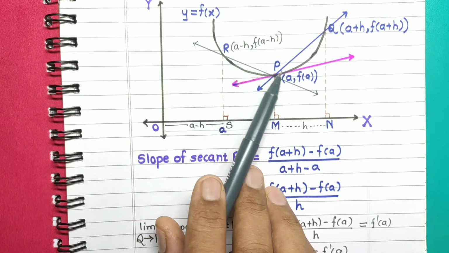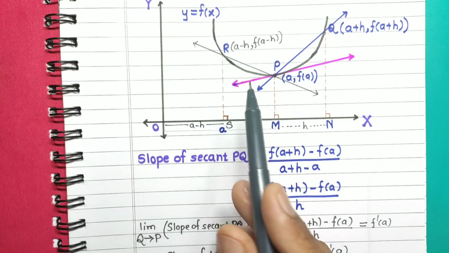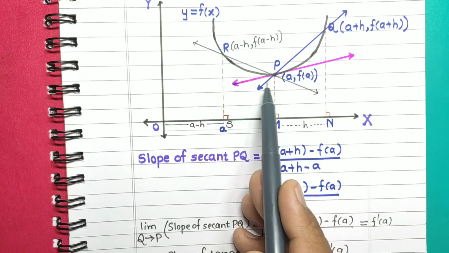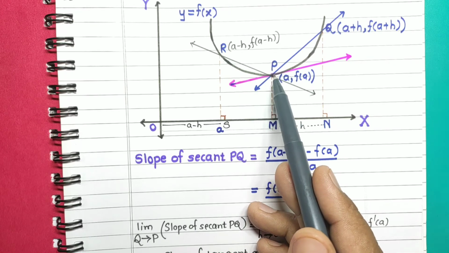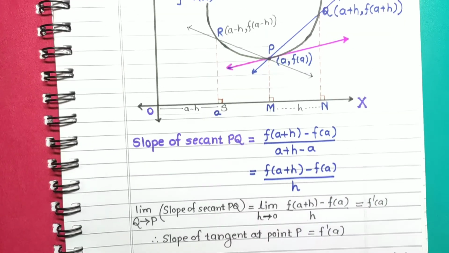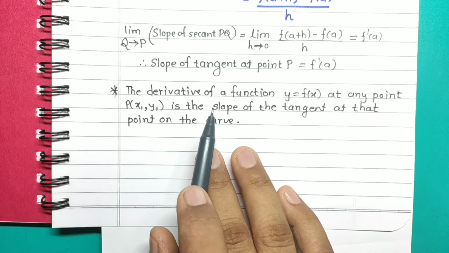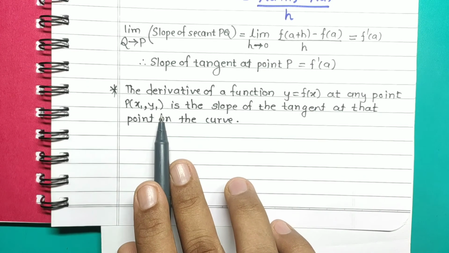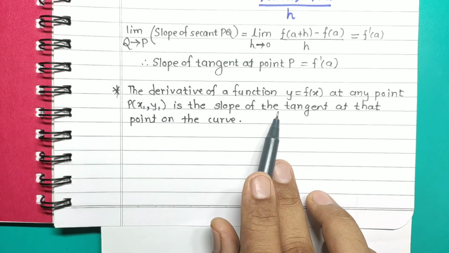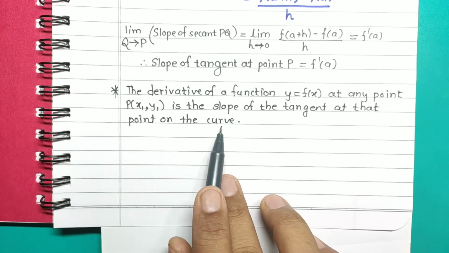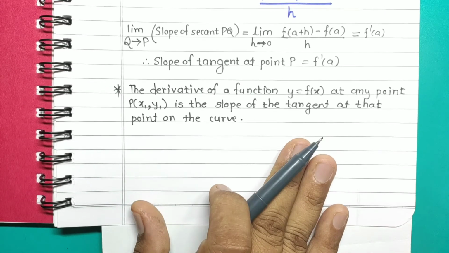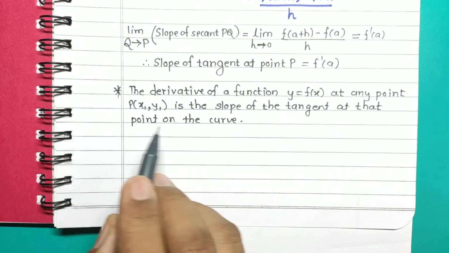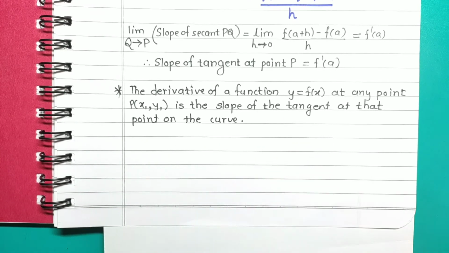So with these points P and R, we will find the slope of secant PR, which will also converge to the slope of tangent at point P. So finally, we have the derivative of function y is equal to f of x at any point P(x1, y1) is the slope of the tangent at that point on the curve. This is the geometrical meaning of derivative. You keep this in mind very properly.